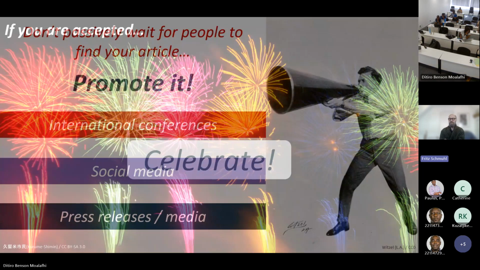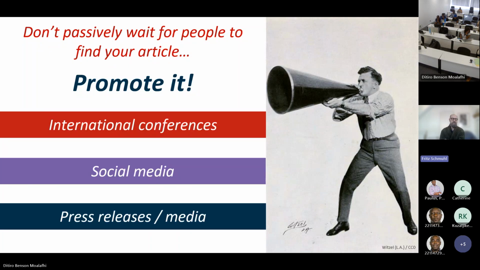It is not sufficient, especially now that we live in an age where we have so many means at your disposal. It's really important to take into consideration that you do need to do a bit on your side as well, given the fact that there is such a vast volume of research that you're going to compete with.